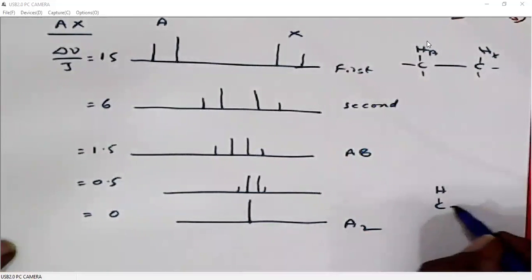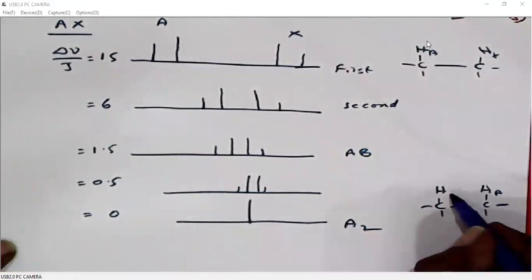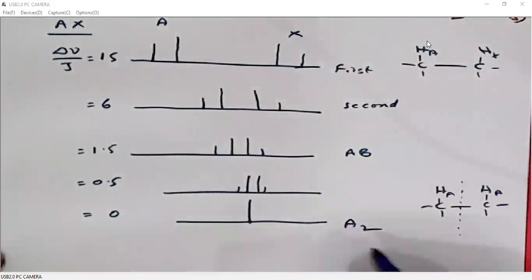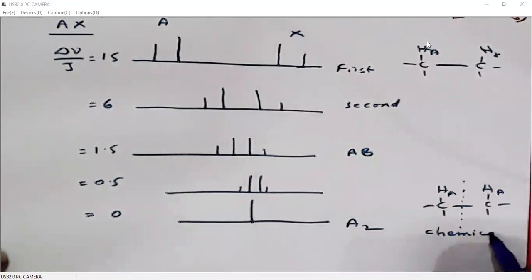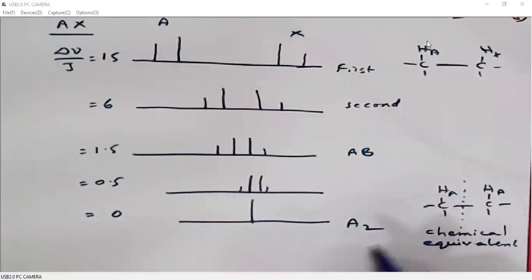Because we have two protons which are chemically equivalent. If you have two chemically equivalent protons, they don't split each other's signal and they give a single delta value. So we observe a singlet.